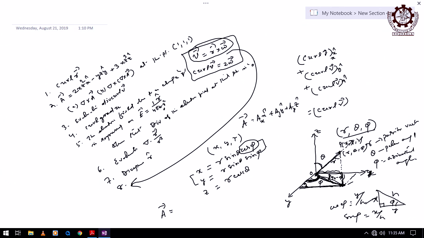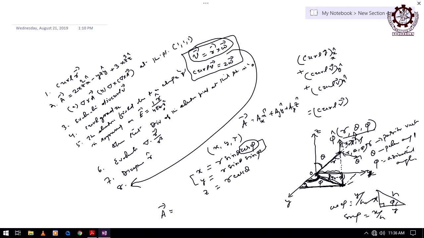Exactly similar way, just x, y, z will be replaced by r, theta, phi caps, right? So now the question is, here is a unit vector direction, r unit vector is that, same direction. So this is the direction of r cap, then which is your theta cap? This is theta cap and this is your phi cap, right? They are mutually perpendicular to each other, right?